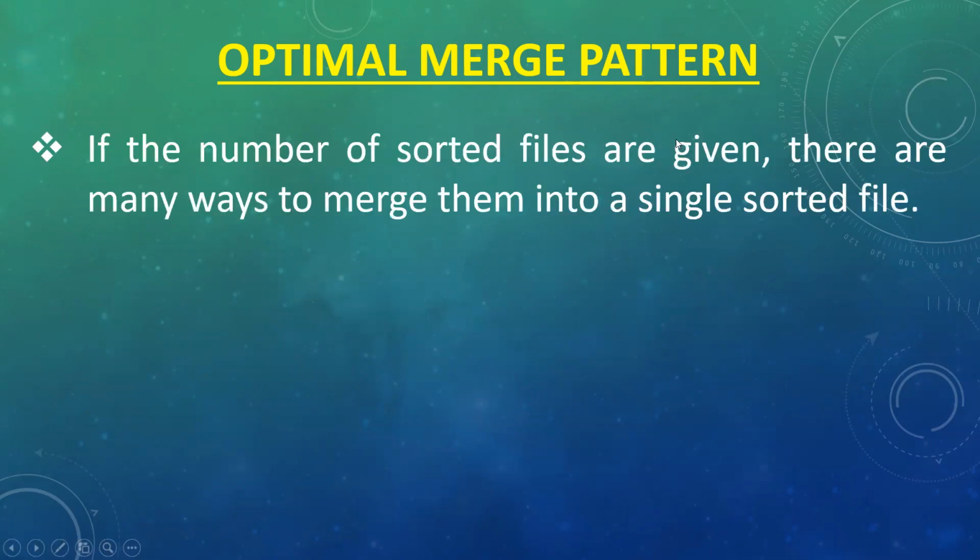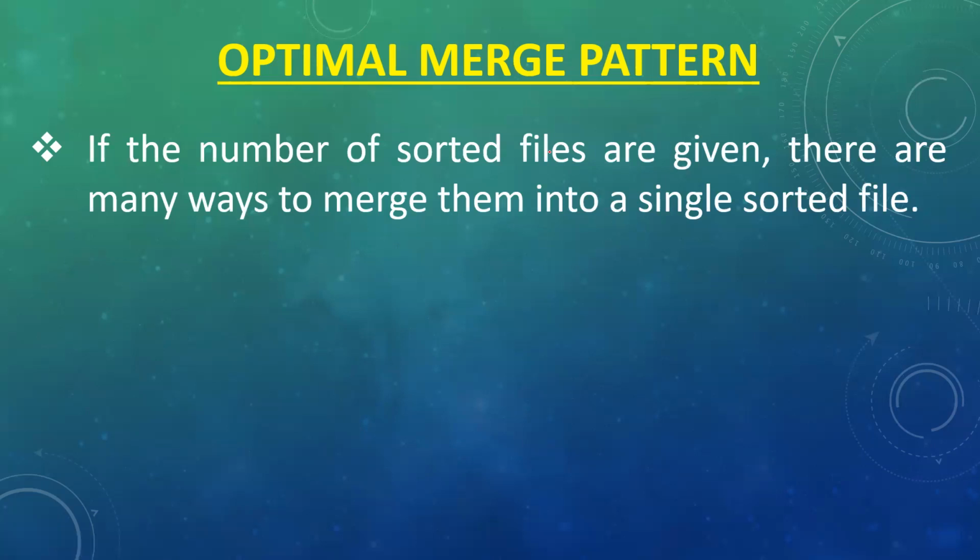Now, why sorted files are given, we will see with one example. For the time being, sorted files are given. There are many ways to merge them into a single sorted file. Suppose I have file 1, file 2, and then file 3.